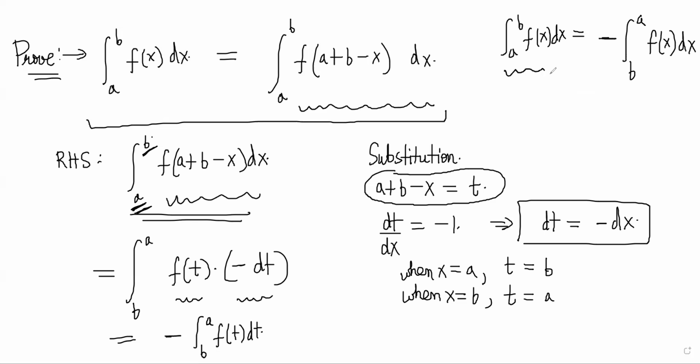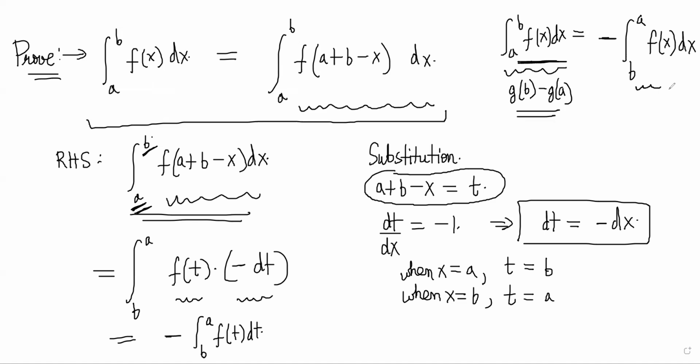Why? Because if you calculate the integral, it would have been some g of x plus c, and then you would put in the limits: g b minus g a, right?